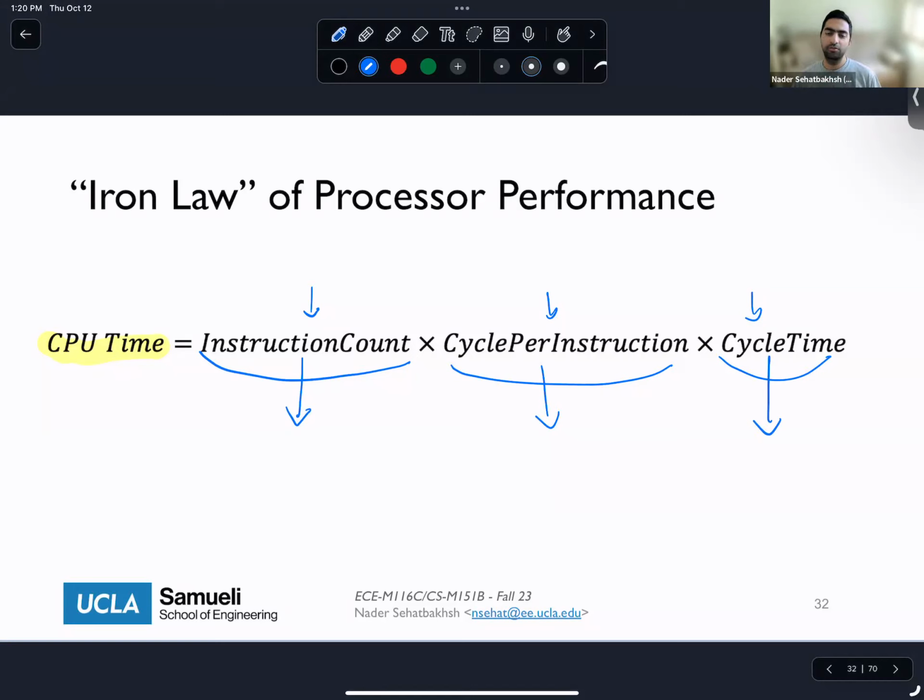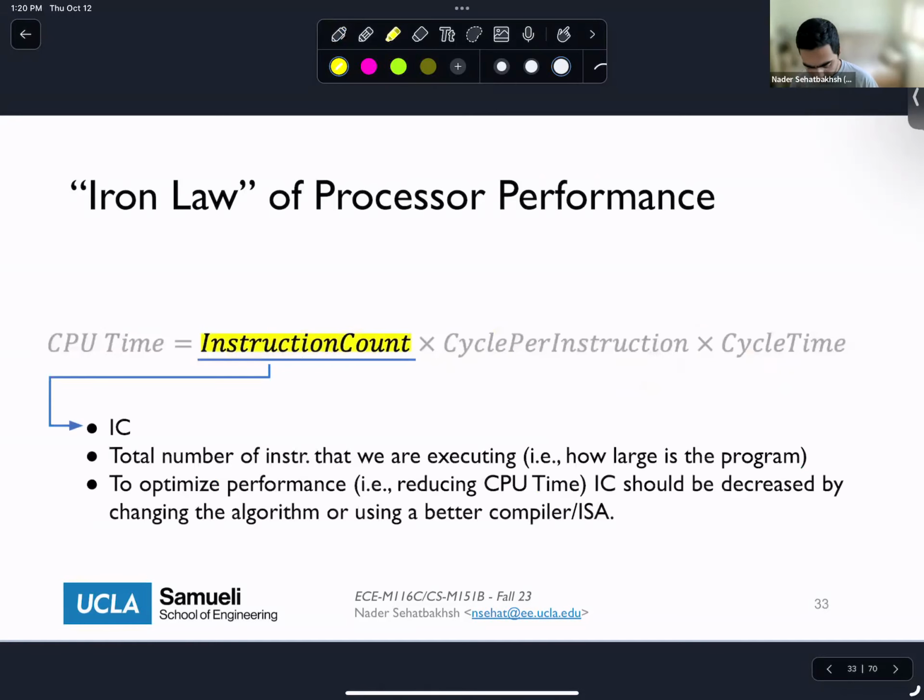So all of these decisions that we are making from now on are based on this iron law, where I want to have an impact in one of these three categories. Okay, so let's jump into the description of each one. First of all, instruction count, we usually show it as IC, and instruction count is the number of instructions that we're going to execute.